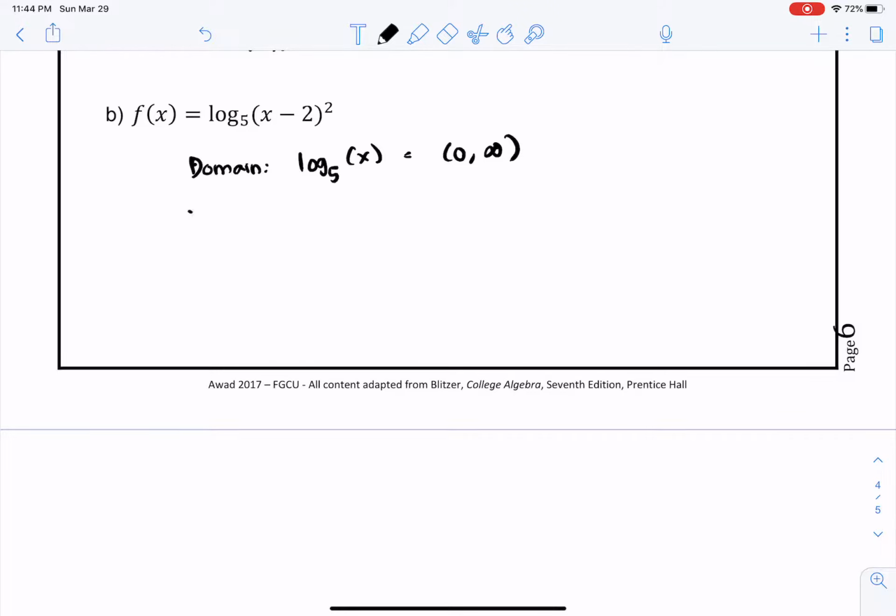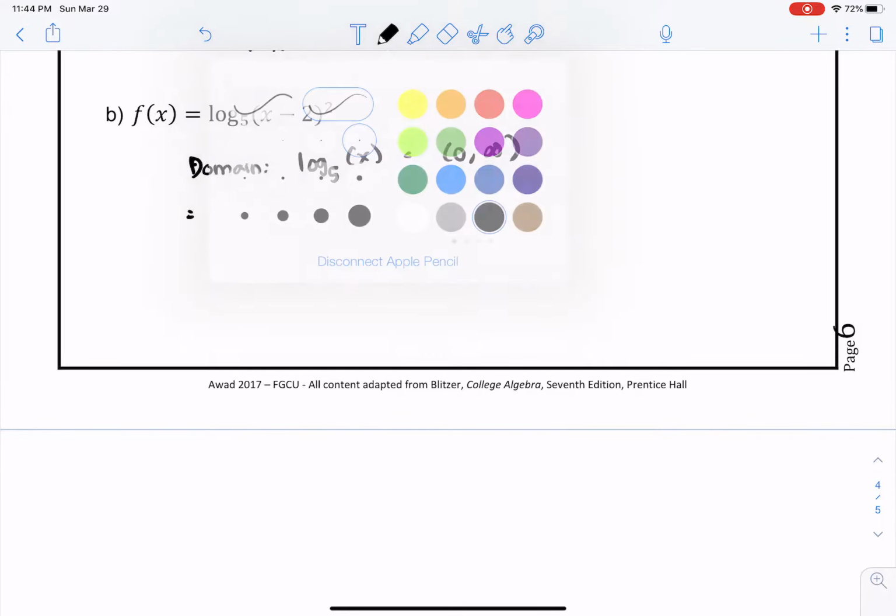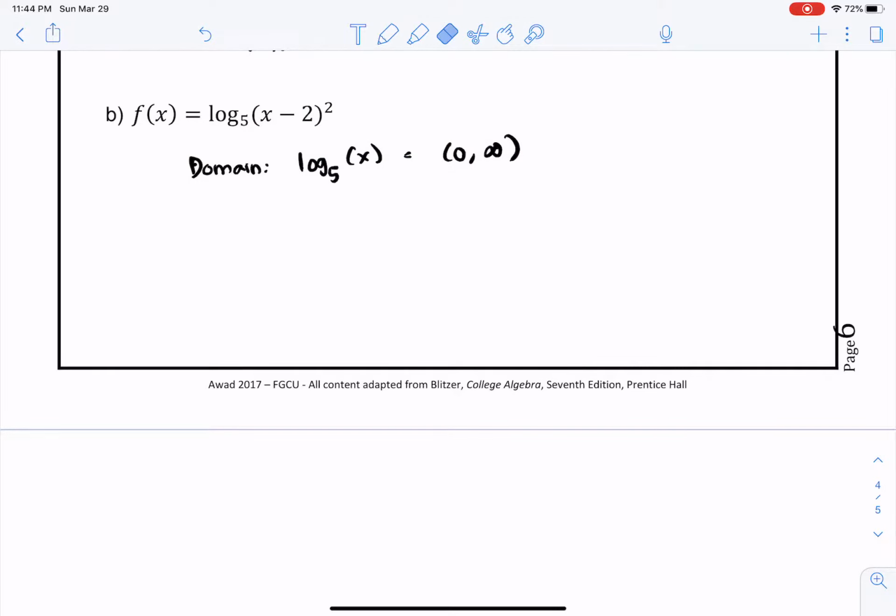So could I plug in 2? I cannot, but I can have close to 2, so 2 all the way up to infinity. I could put any number I want here. And this is going to just work.